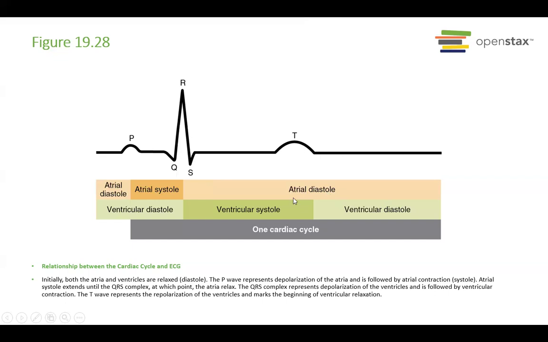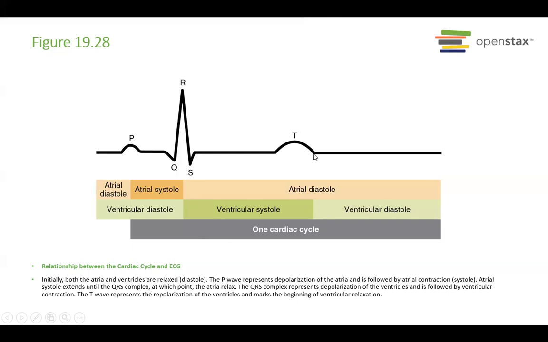So the atria would begin to relax from the end of the PR interval up until the end of the T wave, while the ventricles would have their diastole from the end of the T wave up until the end of the PR complex. But from the end of the PR segment to the end of the T segment, that is your ventricular systole.